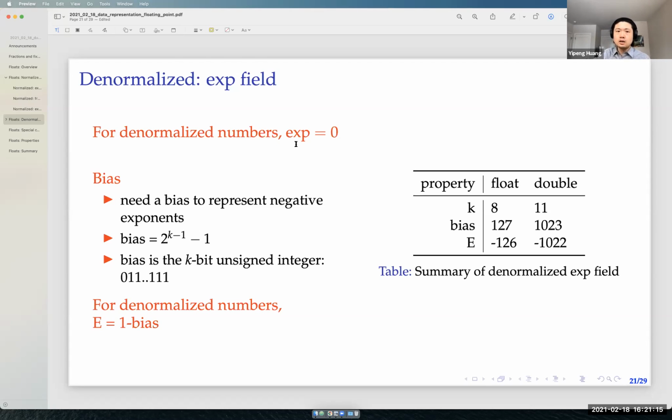They've made it so that the rules are slightly different, and it gives you this additional capacity close to 0. Not only are the rules for EXP slightly different, but the rules for the M, the mantissa, the significant digits, are slightly different too.